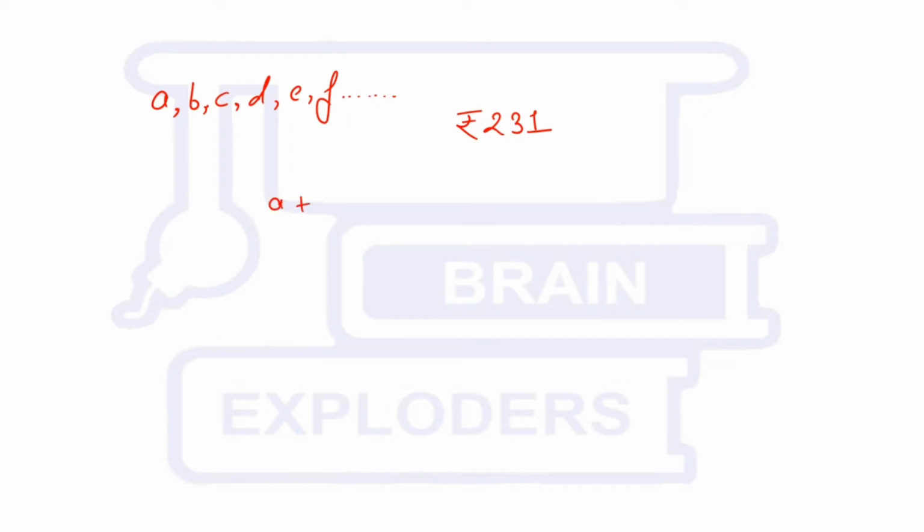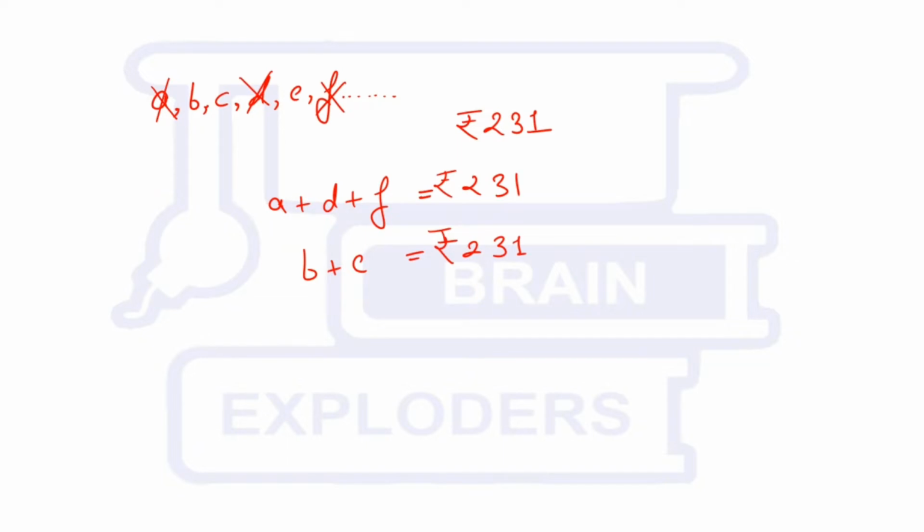It should be possible that some of the currency notes make a sum of rupees 231, and when we remove these currency notes, like A, D and F, because they are already used in the payment, even then there must be some currency notes remaining which make a sum of rupees 231. So every time this should be possible.